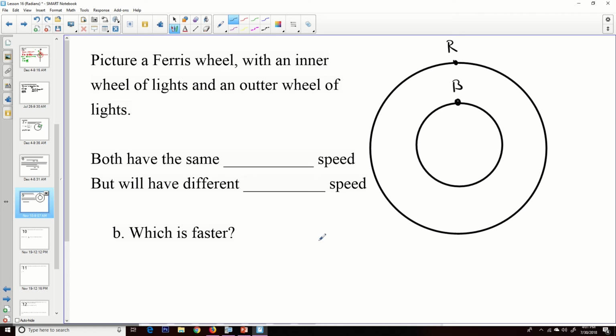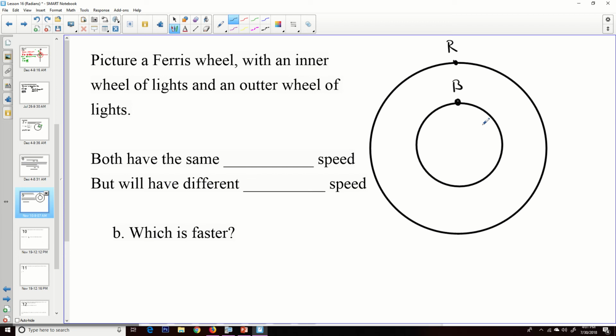So think about it this way. Which one will it have? You might pause and think about it for a second. Will they have the same angular speed or the same linear speed? Or will they have different angular speeds and different linear speeds?